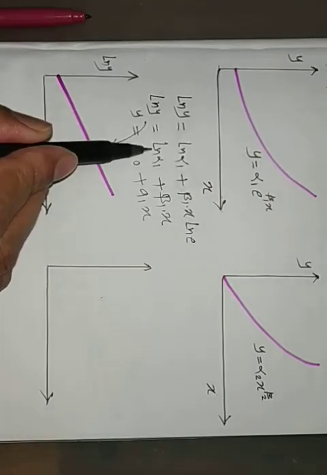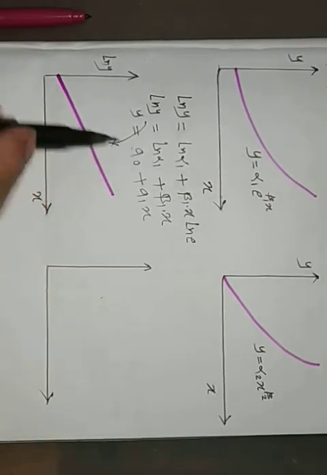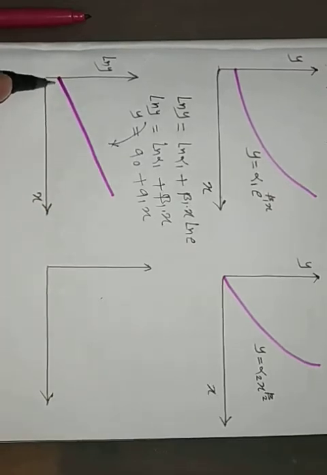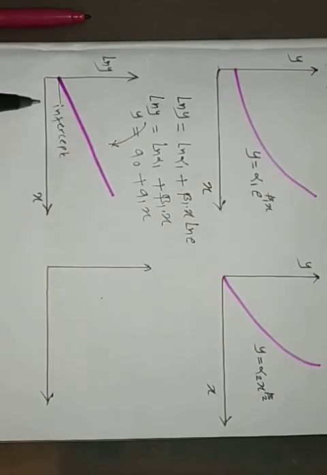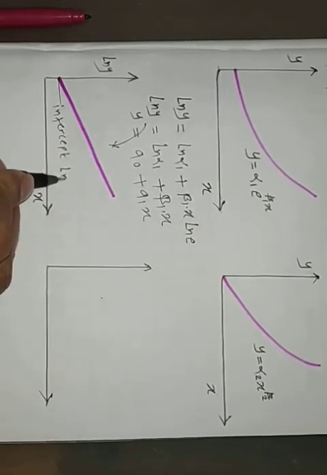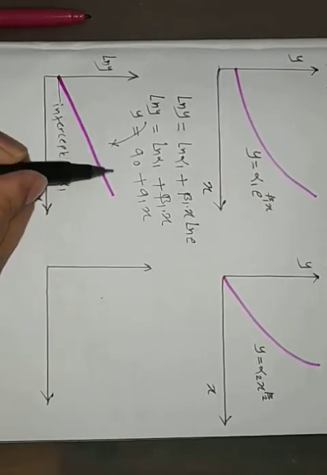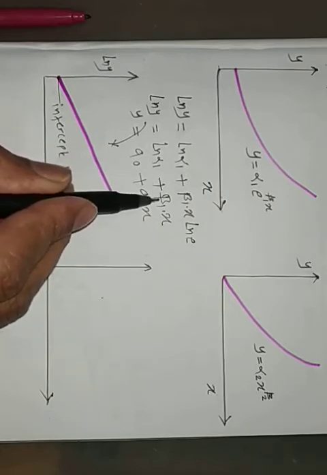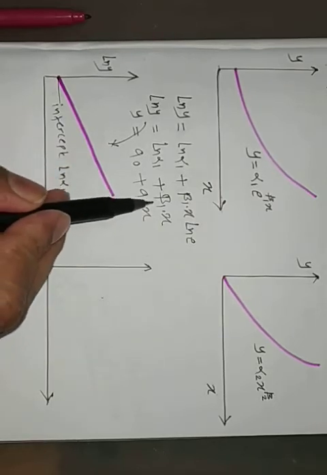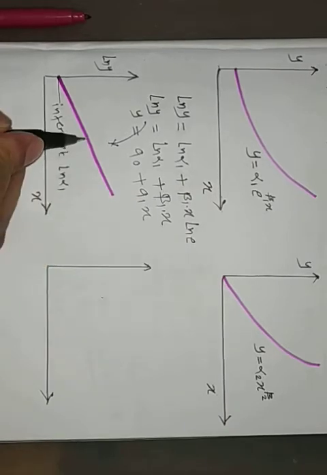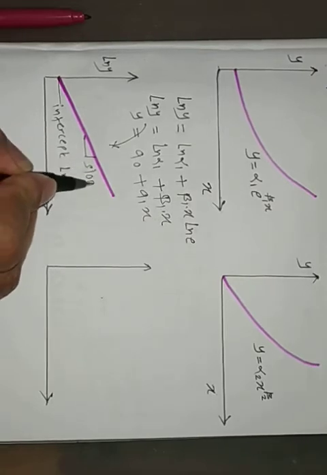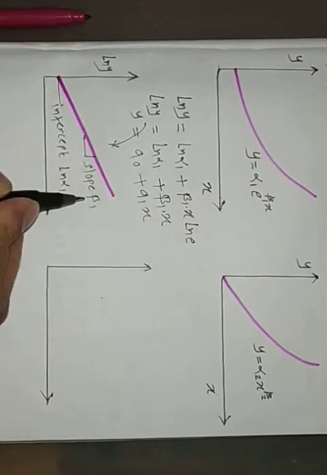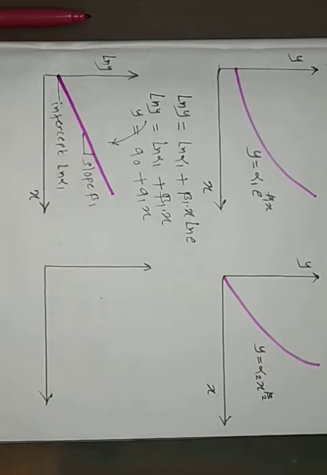So this natural log of alpha 1 is the intercept. So here this value, it is the intercept, and this is natural log of alpha 1, and beta 1, what is this? This is the slope, like this. So this slope is beta 1.